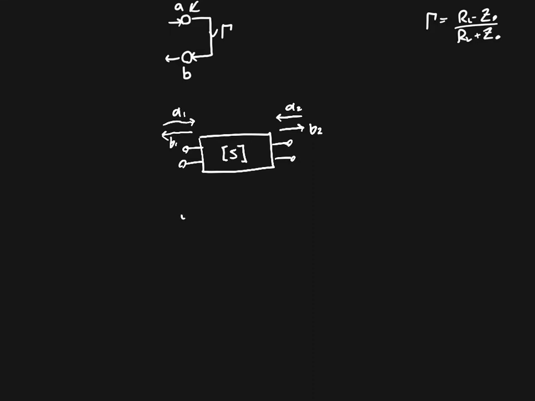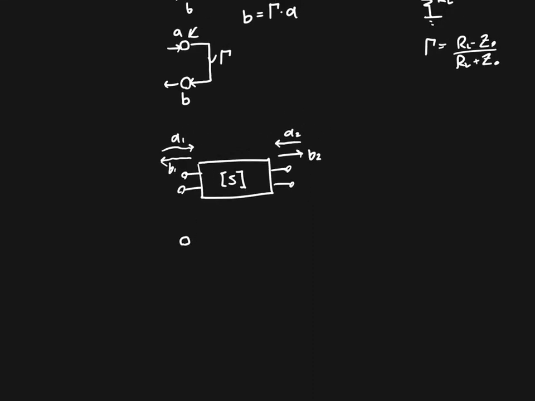Now, if we just glance at our above diagram with how we represented a one-port network, we might say that we want to represent it similarly. So let's draw one node here and one node here, A1 and B1. And then we draw a line between them. And what's the relationship between A1 and B1?